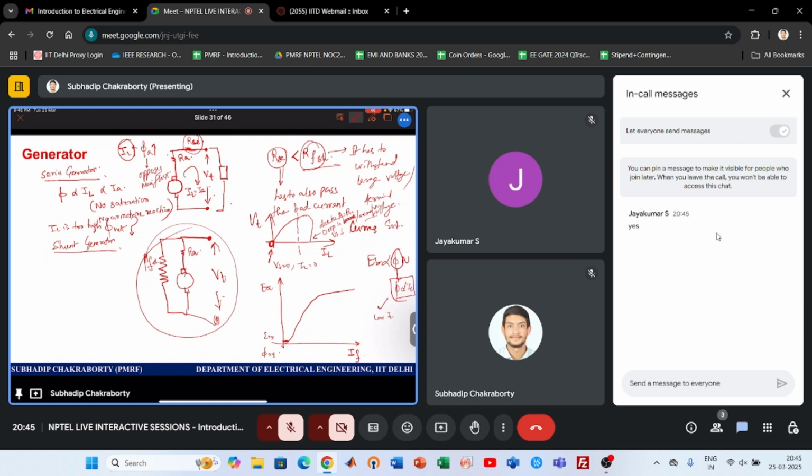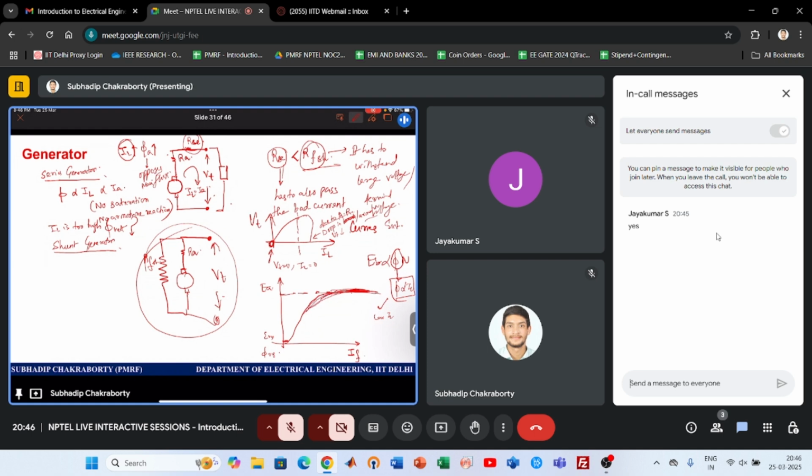So as you understand, the voltage is increasing, but up to a certain point, due to saturation and armature reaction, the voltage is limited, or it is not increasing as much as it used to previously.